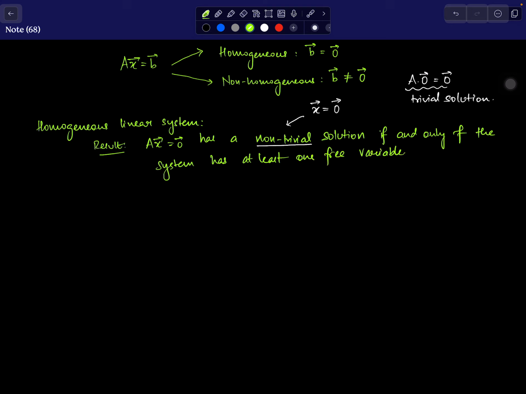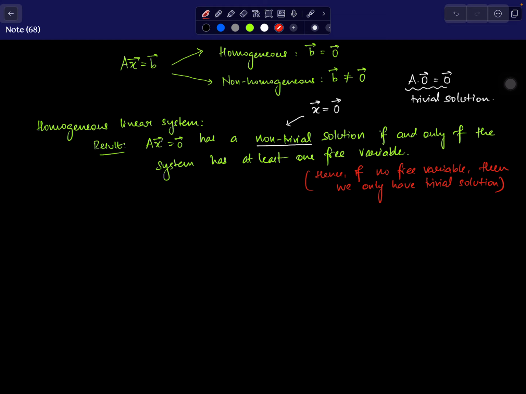Okay, so if there are no free variables, then the only solution that you will have is going to be the trivial solution. So you have to keep that in mind. So hence, if no free variable, then we only have a trivial solution. Okay, so that's an important thing.